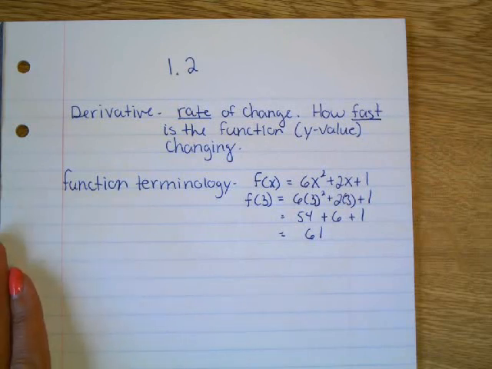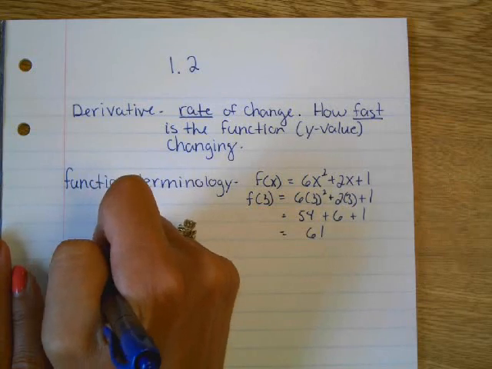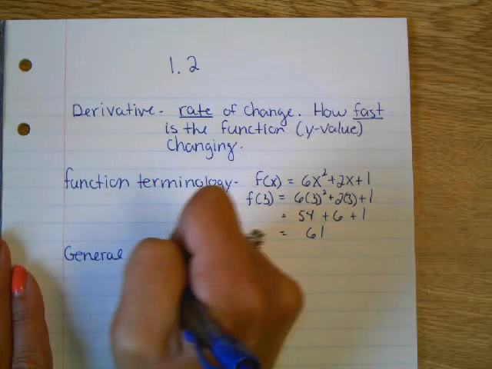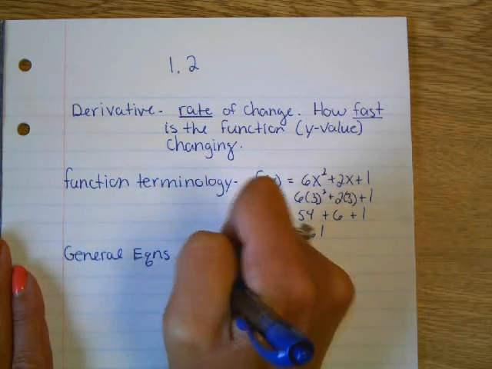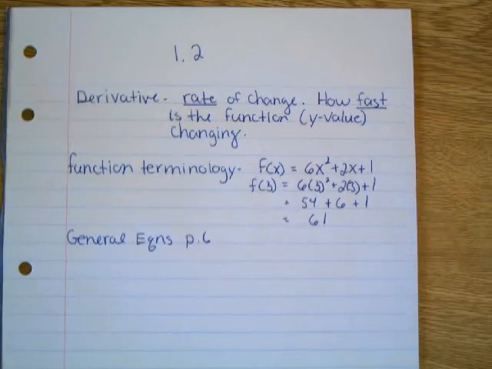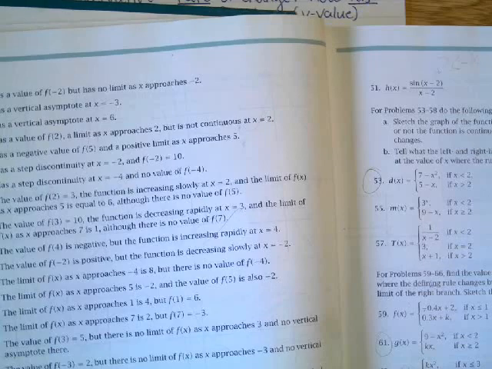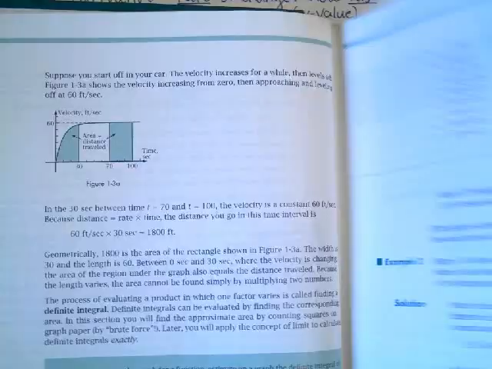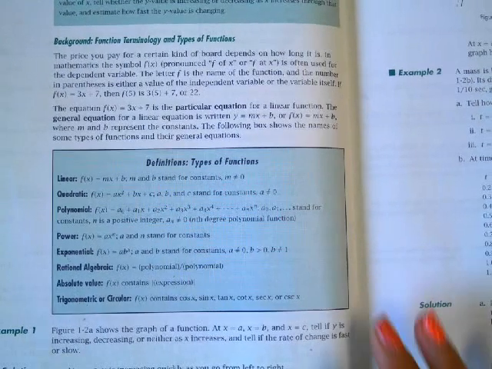Okay, the next thing I want you to do is familiarize yourself with the general equations. Do not write these down. On page 6 in your book. And I'm going to put that up and we're just going to talk through them a little bit just to remember some things from algebra and algebra 2. Okay, starting with the linear function.